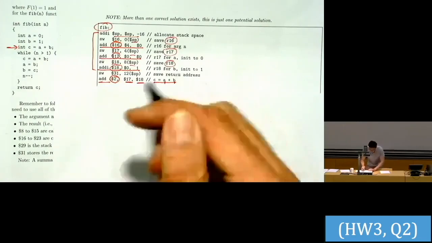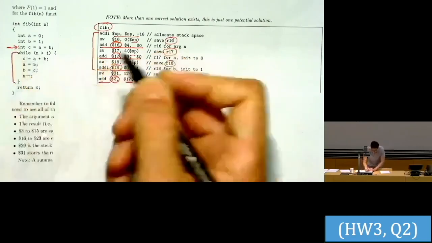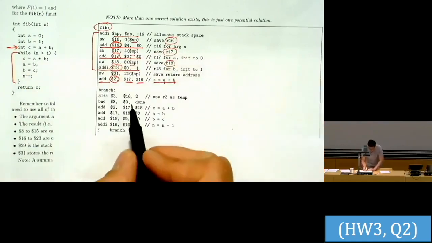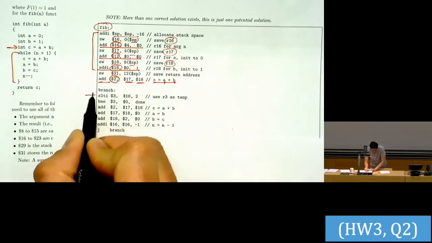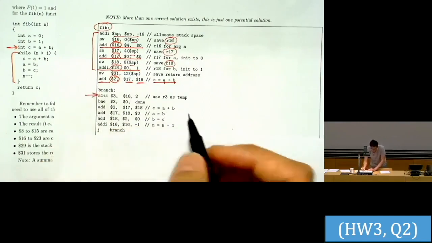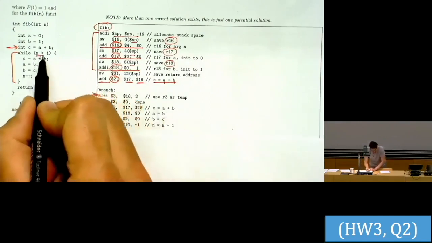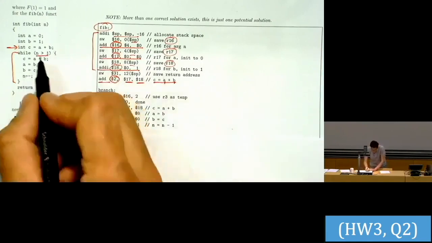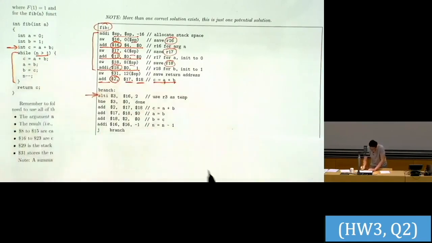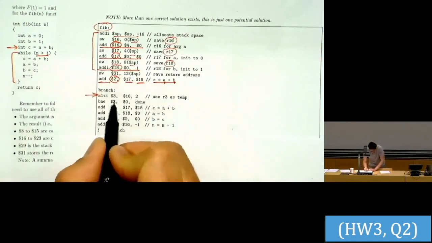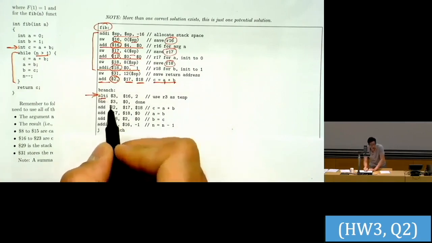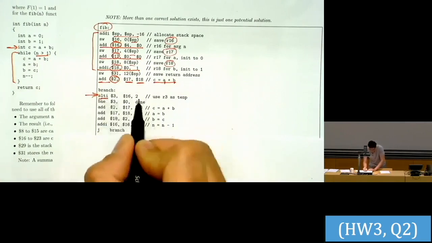And now, the next thing that we are going to find is this while loop, right? In the while loop, the first thing we do is checking the boundary condition. So here, n must be greater than 1 to get into the loop body. And this is what we are doing with this set on less than immediate.